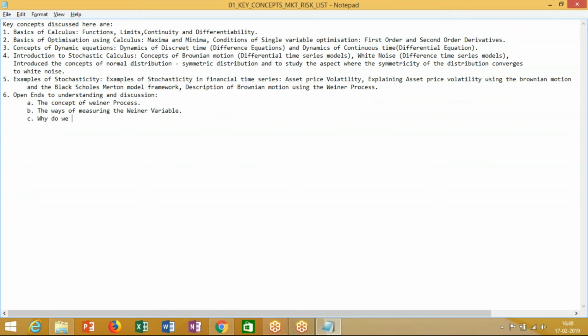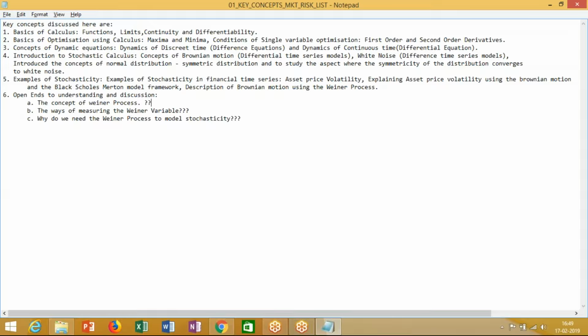Why do we need the Wiener process to model stochasticity? Right? So these were the three questions which we had in the last class.